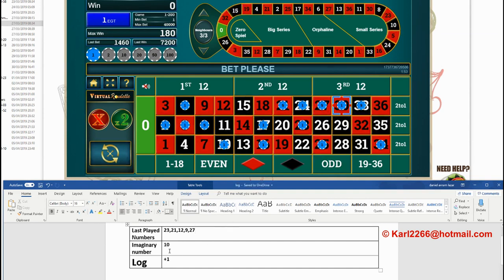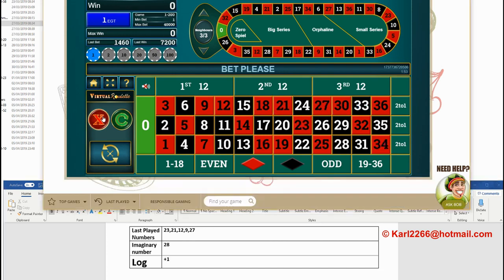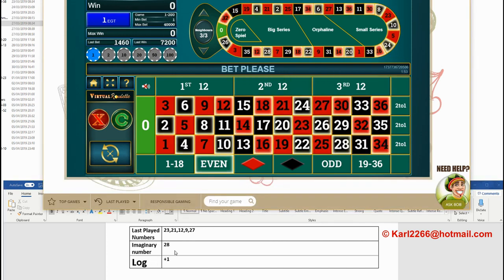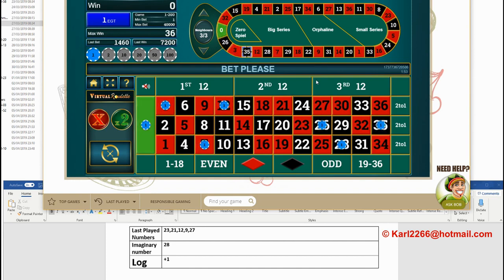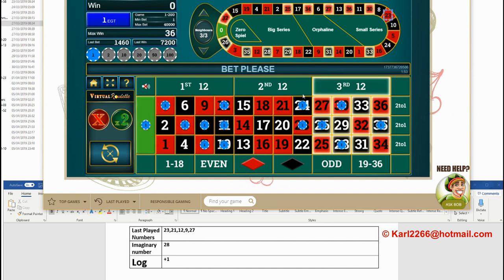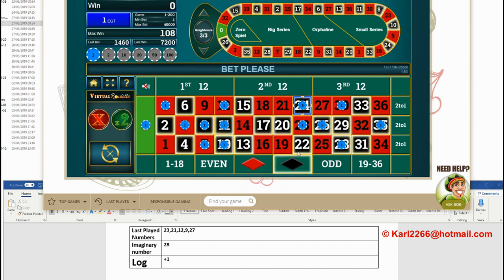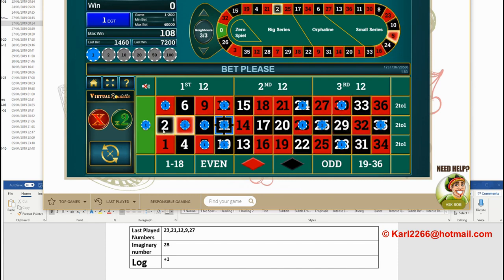And what we do now, when we got 27 and plus 1, we got a new winning number, which is number 28. So 28 as imaginary number, we go place bets on 35 and 23, and we can place more on 24, 11, 0 and 7, and we have to cover also the third neighbor from 28, and not only the third neighbor, the neighbor near 28, which is 29.